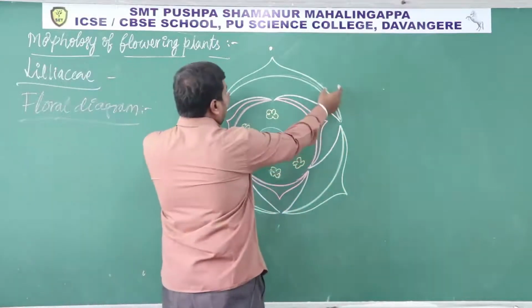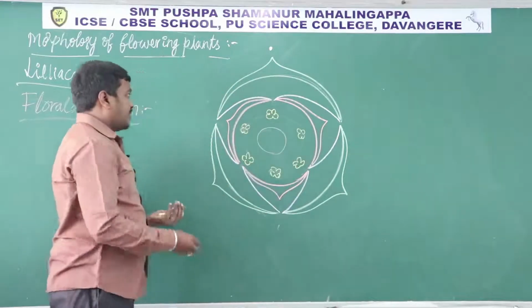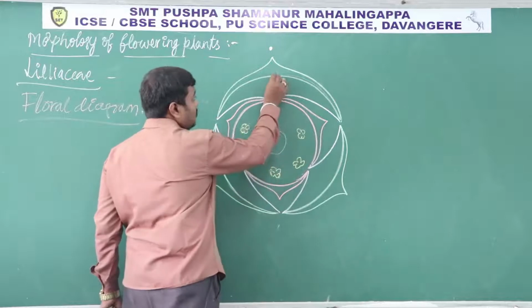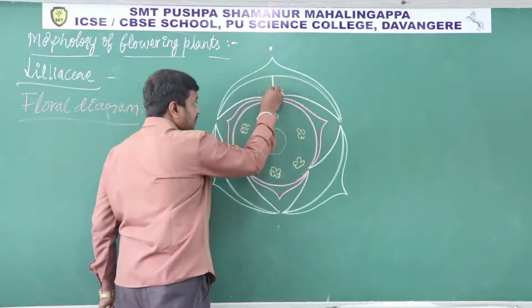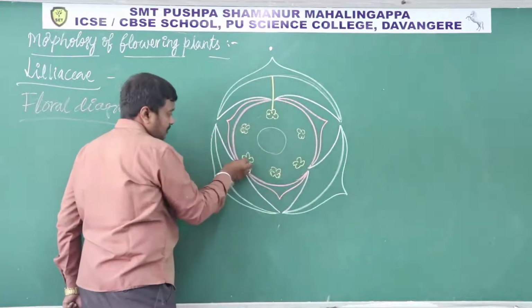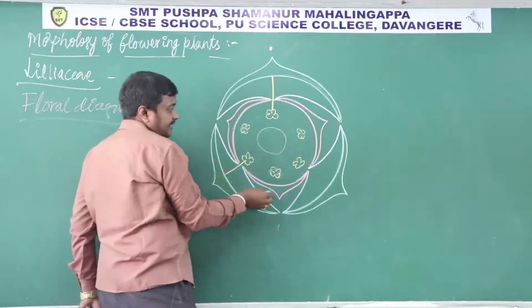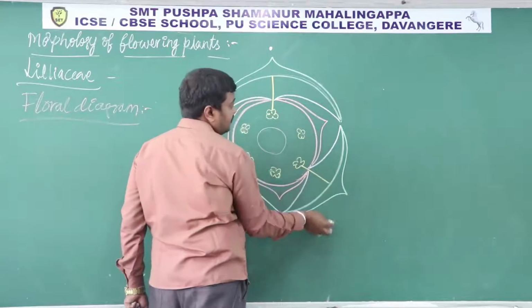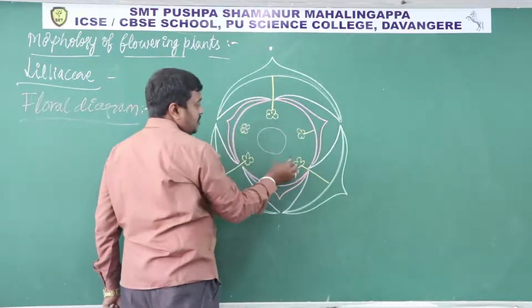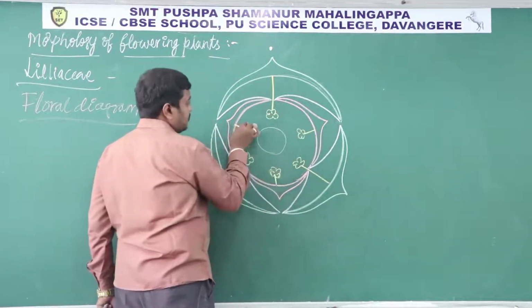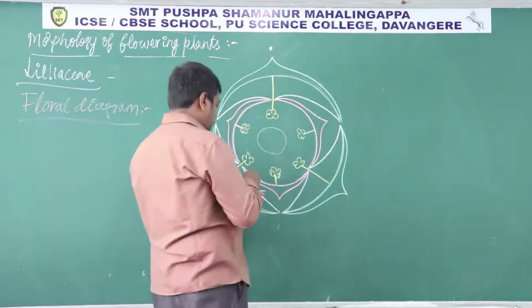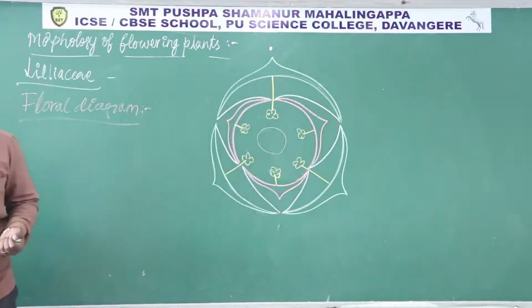The outermost tepal is fused with the innermost tepal. Okay, and the filament. So this is called antiphilus. It is attached to the center of the tepals. So it is opposite to the tepal. So antiphilus, and the 3 were opposite here. Okay, so next is the carpel.